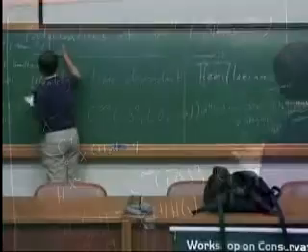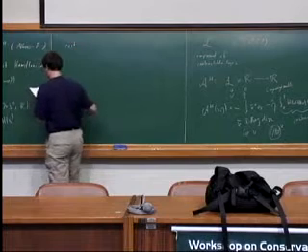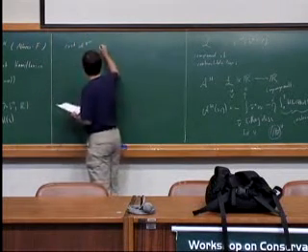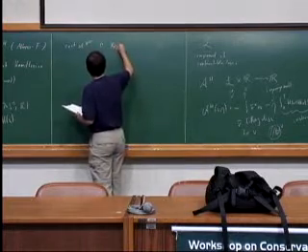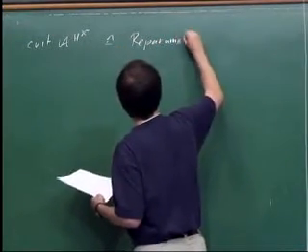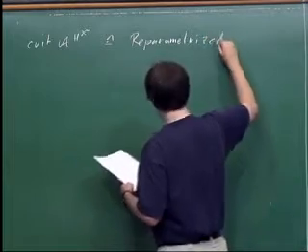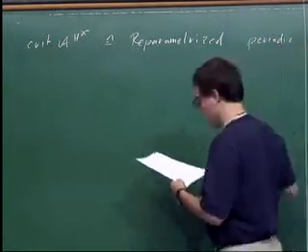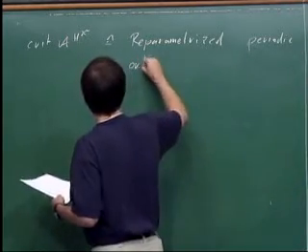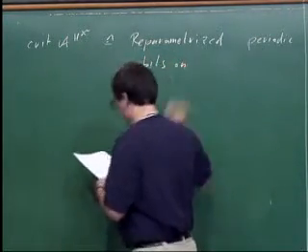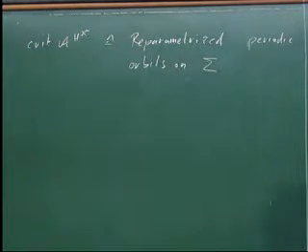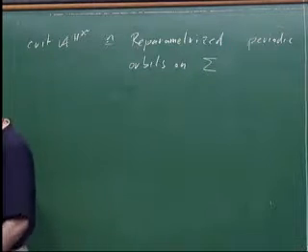Critical points of A^{H^chi} correspond to some reparametrized periodic orbits on this hypersurface Sigma.